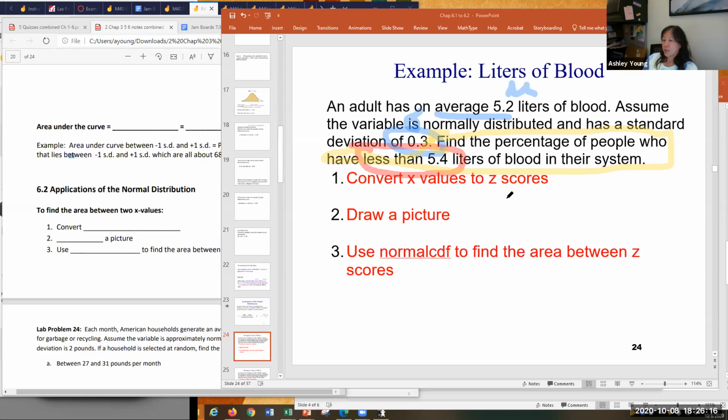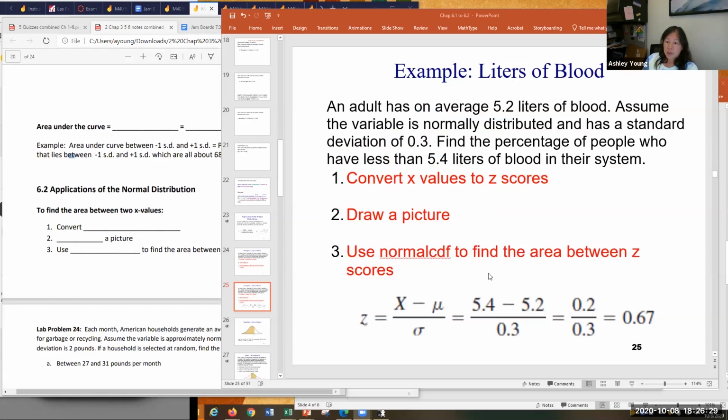I need to get that in terms of standard deviations. 0.2 liters is how many standard deviations? I don't know. Divide by standard deviation, you'll get it. So 5.4 minus 5.2 divided by my standard deviation, 0.3, I get 0.67.